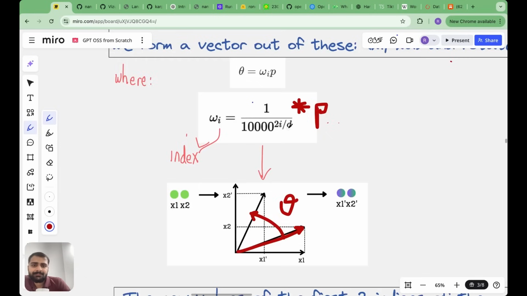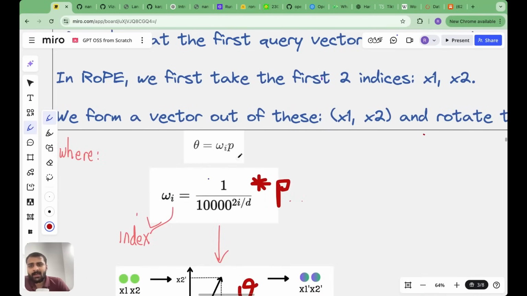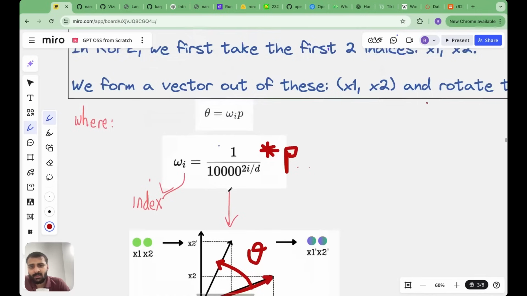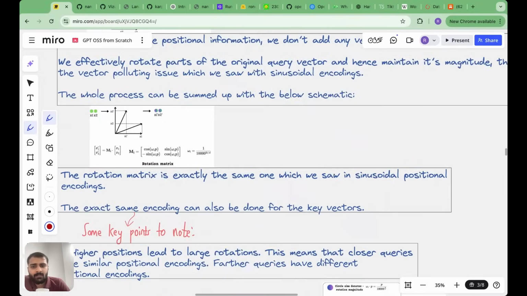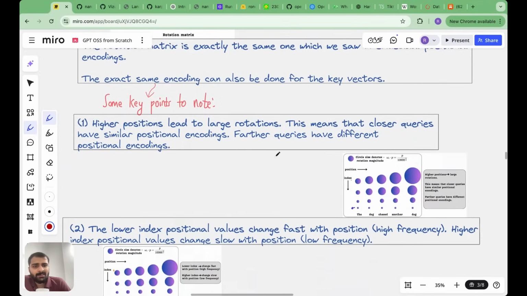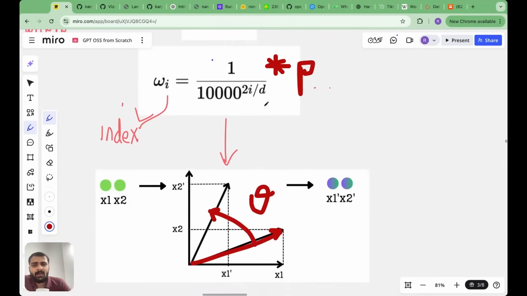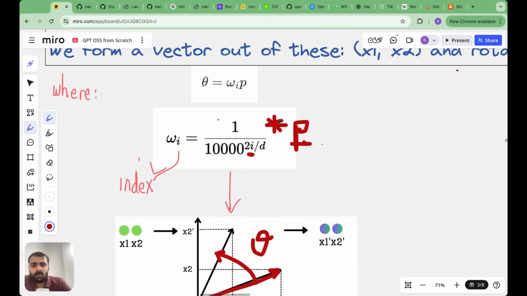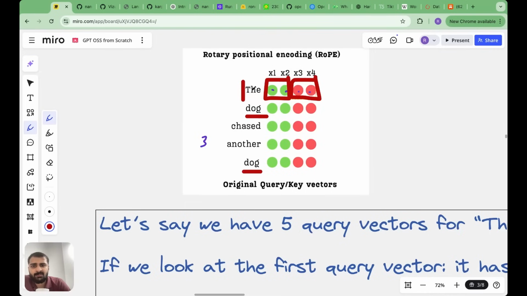Now you might be thinking, where exactly is the position injected here? There are two variables here: the index i and the position p. Those are the two things you need to keep in mind. Position p is of course the position at which that query appears. So this is position number 1, this position number 2, 3, 4, 5.